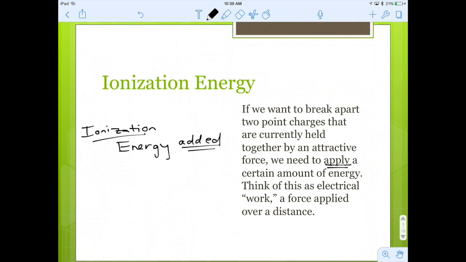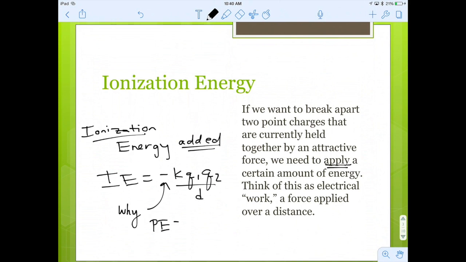We know we have to supply the same amount of energy that's holding them together, but it's going to be positive. Weird, but we have to put a negative sign in our ionization energy formula. Well, why?